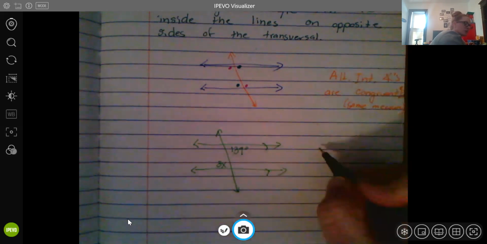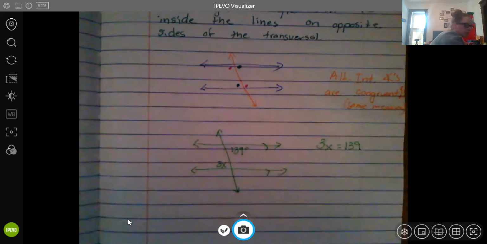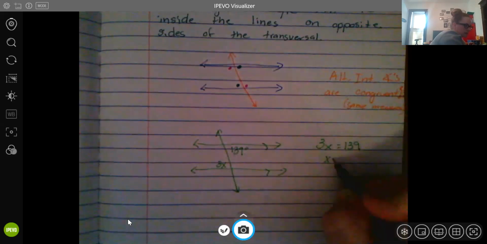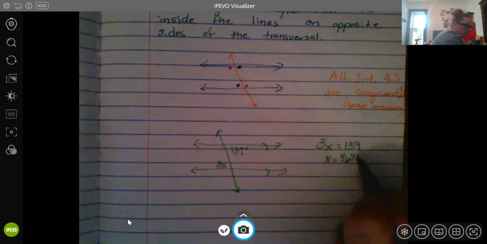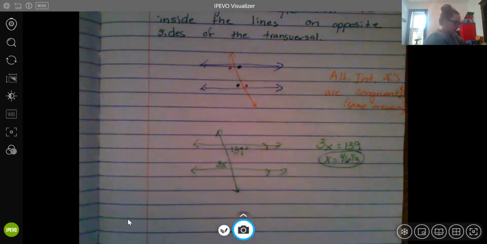So they are equal, they're congruent. So 3x equals 139. I'm going to go ahead and divide 139 by 3. So x equals 46 and 1/3. And it is a-okay that we have a decimal or a fraction. We are just fine with that.